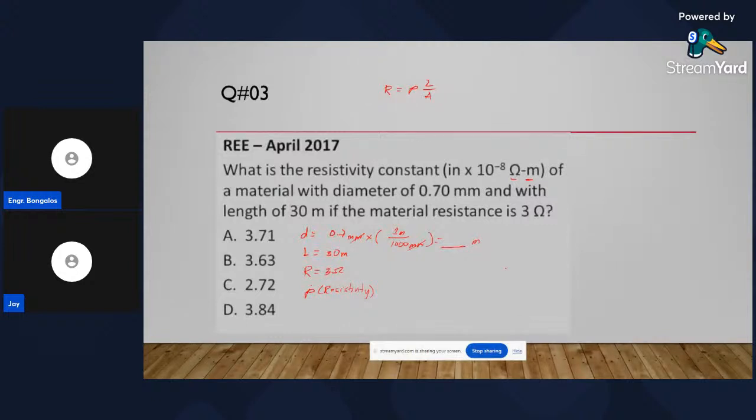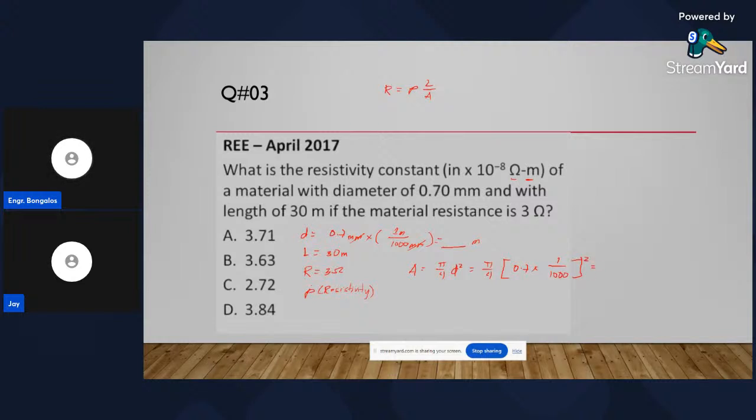Next, hanapin natin muna yung area. So ano ba yung area ng wire natin, yung cross-sectional area? Area ng wire is pi over 4 d squared. So sa case na 'to, pi over 4 times ano ba yung diameter natin? 'Di ba given siya 0.7 times 1 over 1,000, then raise to 2 natin siya.